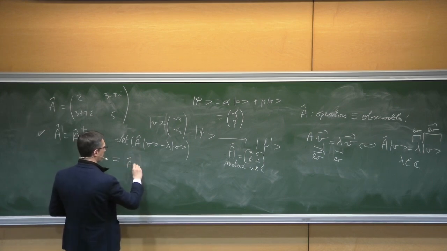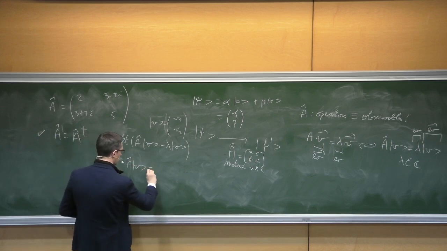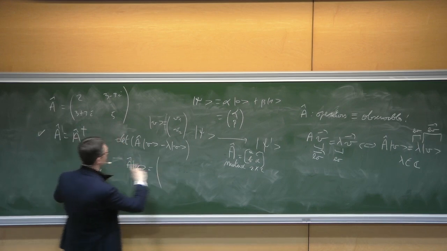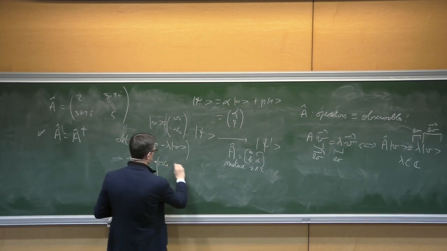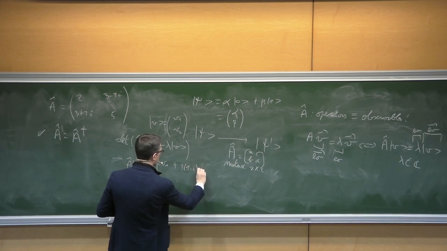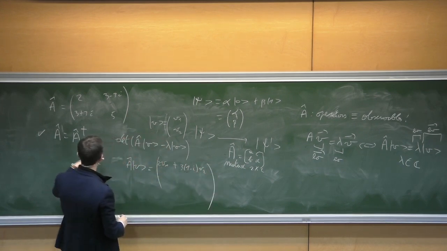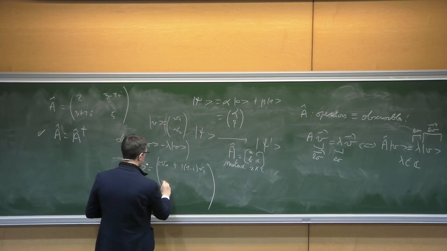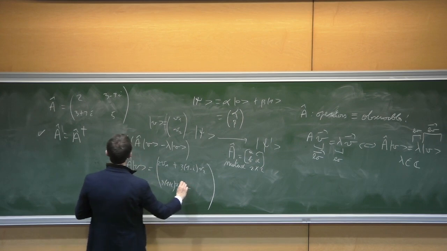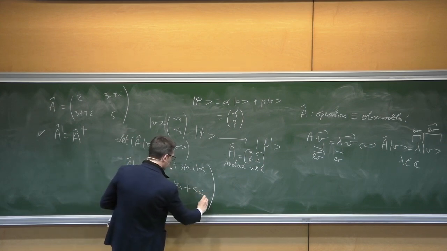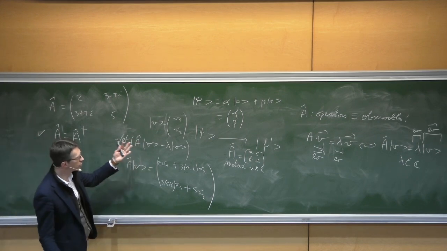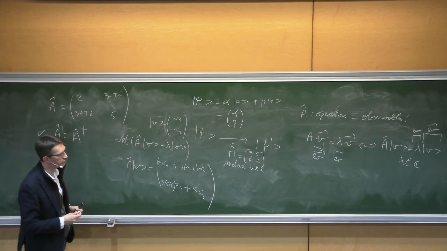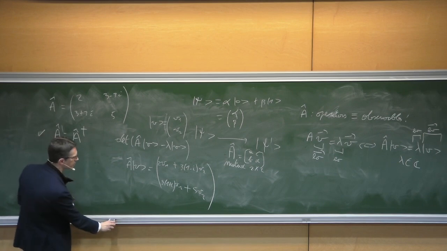A V is going to be 2 V1 plus 3(1 minus i) V2. And the second one is going to be 3(1 plus i) V1 plus 5 V2. Okay. So V1, V2 are the components of the eigenvectors that I'm searching.